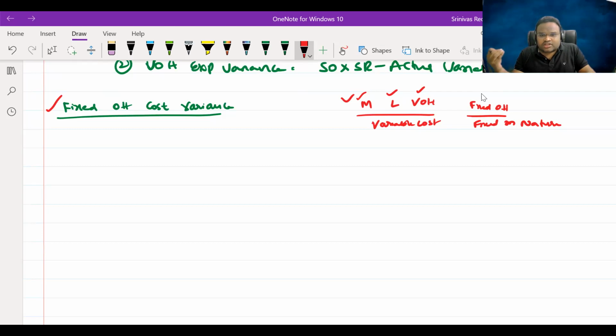If the number of students is 10, I need to pay the same amount of rent. If the number of students is 50, the same amount of rent. If the number of students is 100, the same amount of rent. That means fixed overhead is not directly proportional to production.